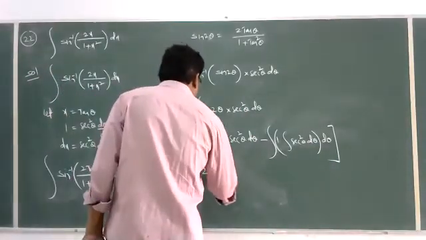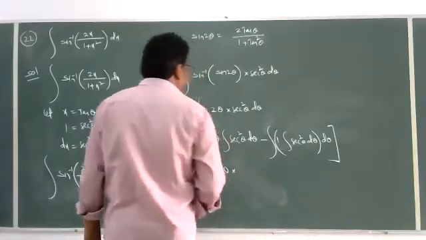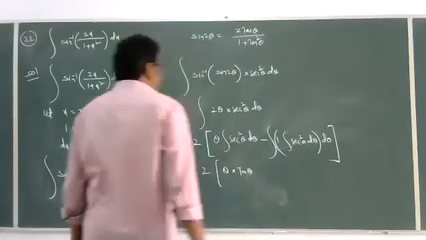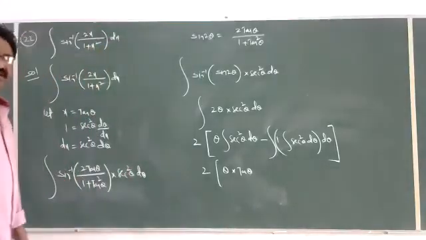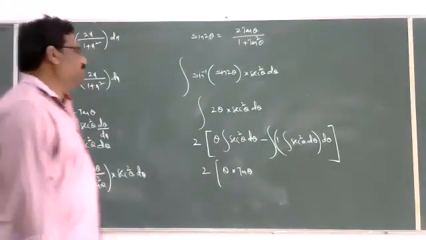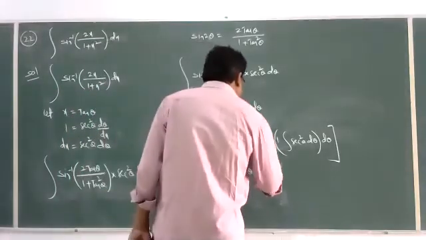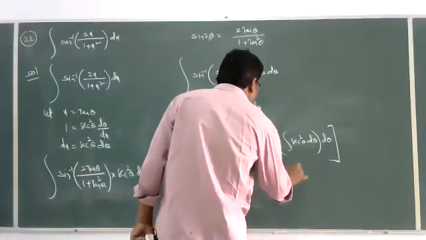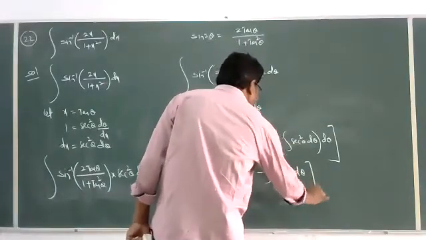That is 2 into theta into, what is the integration of secant square theta? Tan theta. Tan theta's derivative is secant square theta. The integration of secant square theta is tan theta, minus integral tan theta d theta.